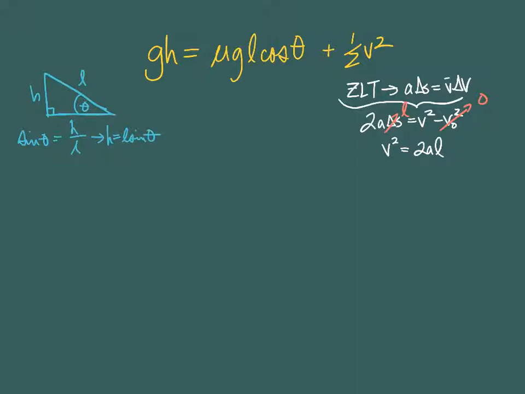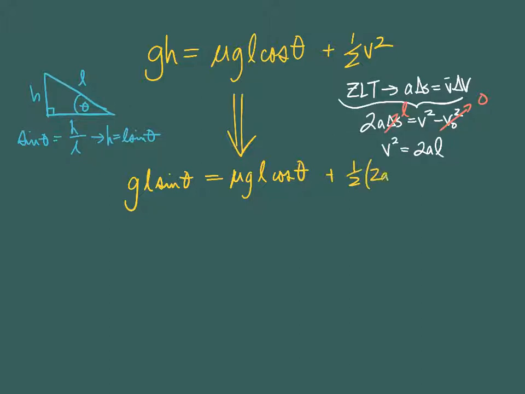So what we can do is, instead of GH, we would have, let's see, GL sine theta would equal mu GL cosine theta plus 1/2 times 2AL.